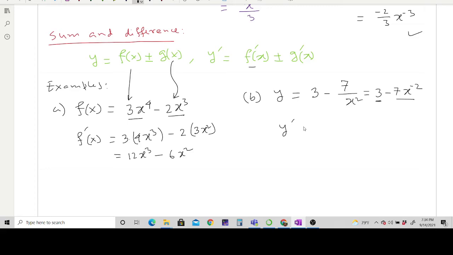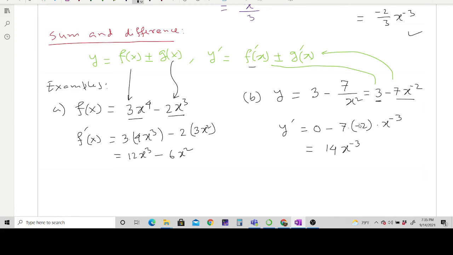So y prime equals, we take the derivative of the first function, this is f of x, and this is g of x. The derivative of f of x, which is a constant function, is 0, minus constant times a function, so leave the constant as it is, and the derivative of x to the negative 2 is negative 2 times x to the negative 3, which equals 7 times 2, which is 14, negative times negative is positive, so it's 14x to the negative 3.